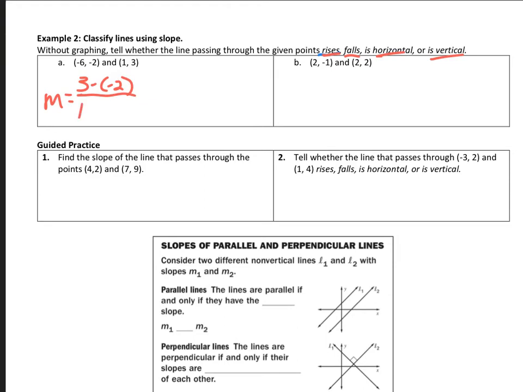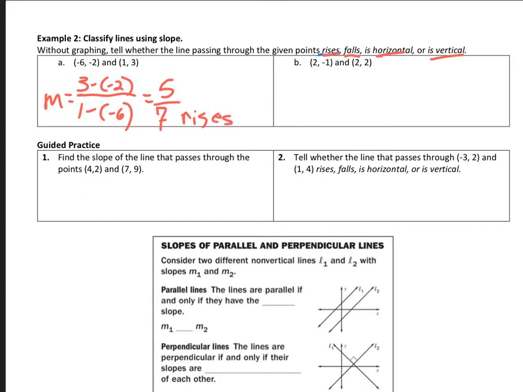Run, 1 minus negative 6. So 3 minus negative 2 is 5. 1 minus negative 6 is 7. So that slope is 5 over 7. It is a positive slope. So this line would rise. It rises from left to right.